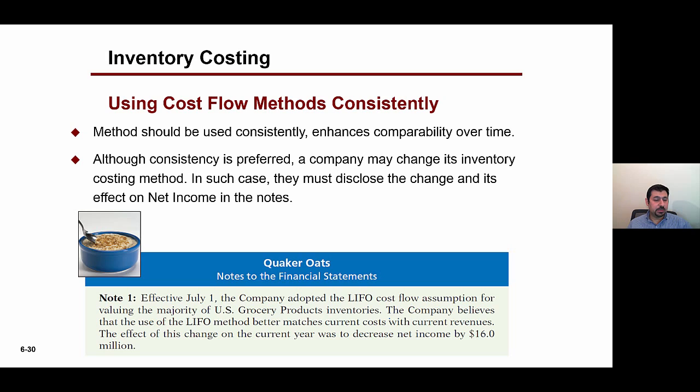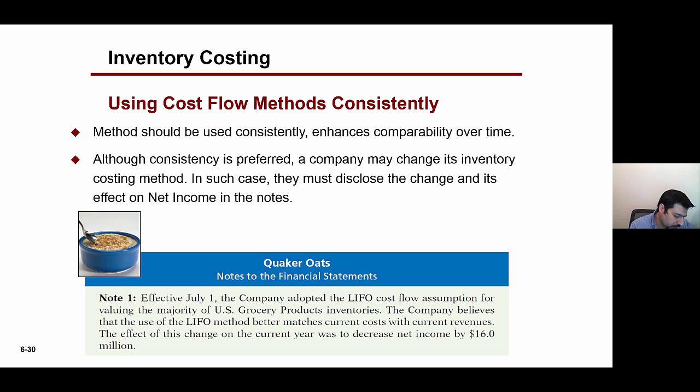However, this does not mean that companies don't have the right to switch at all. They have the right to switch. However, whenever they do make a switch, they will have to disclose this information, as well as how this will affect the net income, and they usually disclose that in the notes.